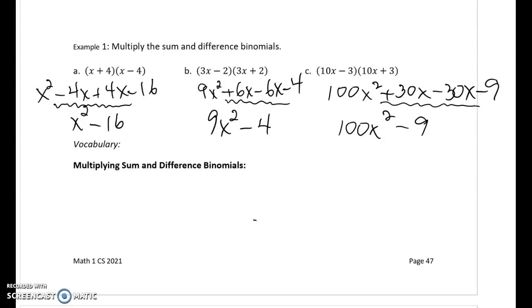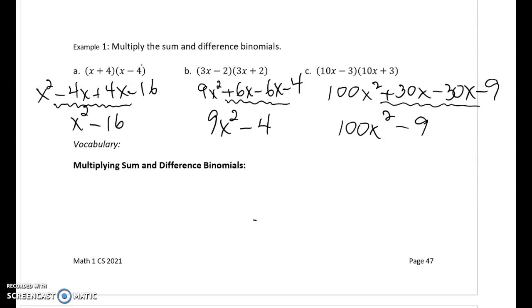So let's look more closely at that setup. We are multiplying 2 binomial expressions. What is also true about them is that they have the same terms inside the parentheses: 3x and 2, 10x and 3, x and 4, the same 2 terms in each binomial.